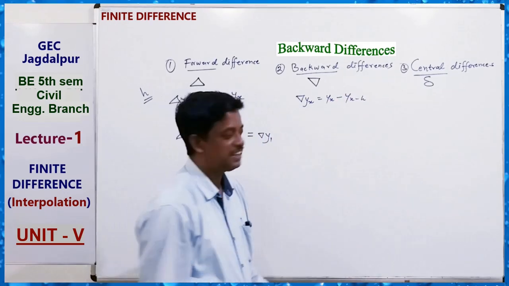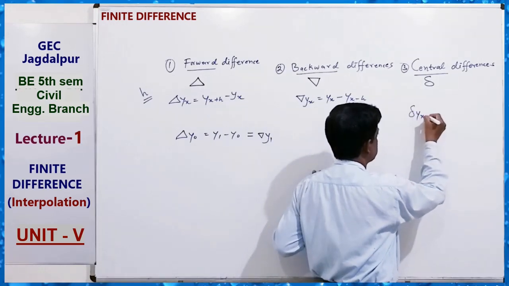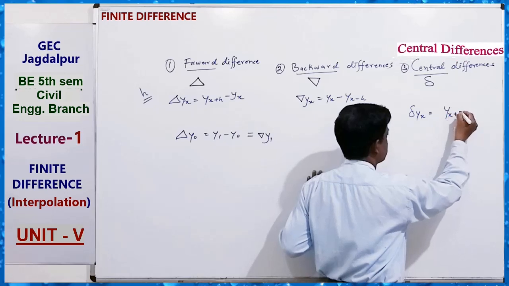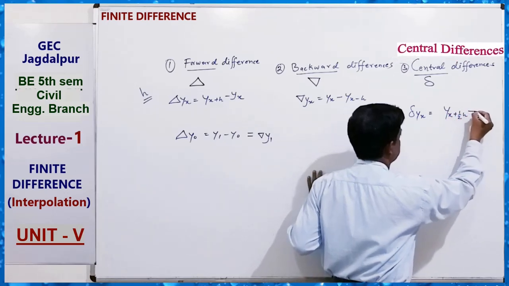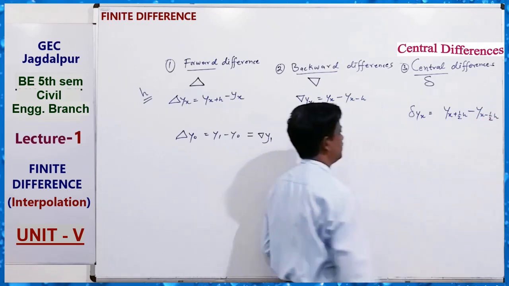The central difference is δy(x) equals y(x plus half h) minus y(x minus half h).